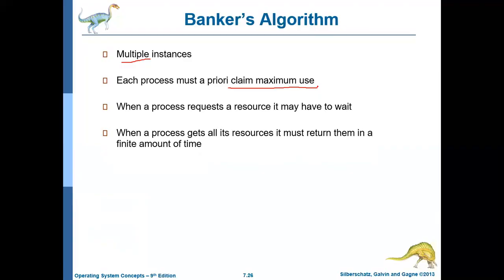And when a process gets all its resources, it must return them in a finite amount of time. If a process needs X amount of resource and the operating system gave all the resources, then the process should ensure that it will complete the task within a finite time and return the resource. It should not take infinite time. So these are some of the prerequisites of Banker's algorithm.